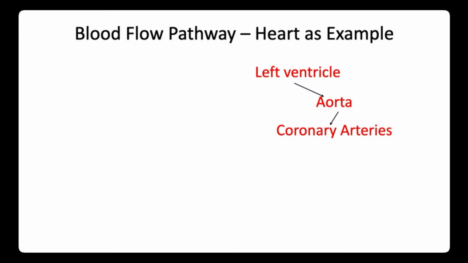Okay, blood flow. Let's use the heart as an example. We'd start at the left ventricle. From the left ventricle, aorta. From the aorta, where are we going? That's right. Coronary arteries. Then we're going to make our way to muscular arteries.